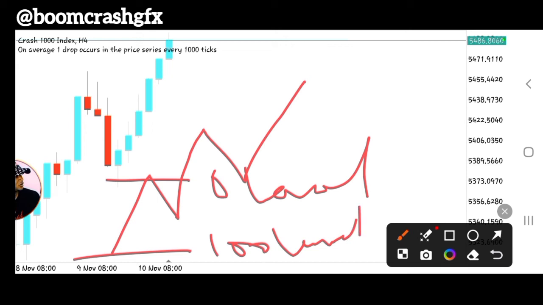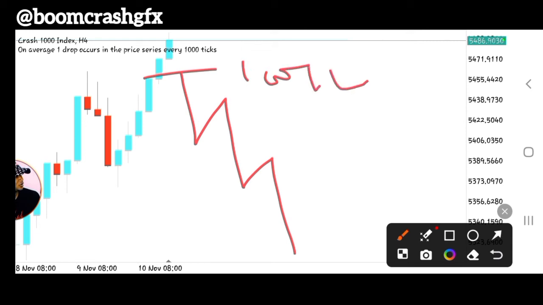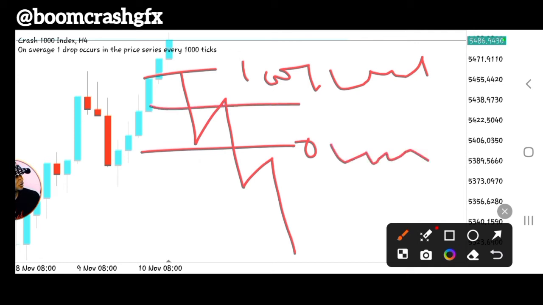As for a downtrend, you will drag from the 100 level to the 0 level, and you will be targeting the 61.8 level. I'm repeating this for you to understand better.